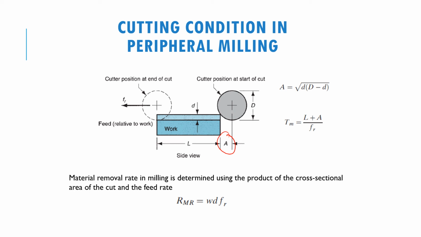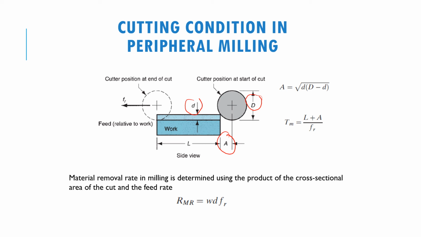To get this calculation, A equals the square root of d times (D minus d). D is the diameter of the cutter, and the small d is the thickness, how much the material is removed. Then you will get the value for A.